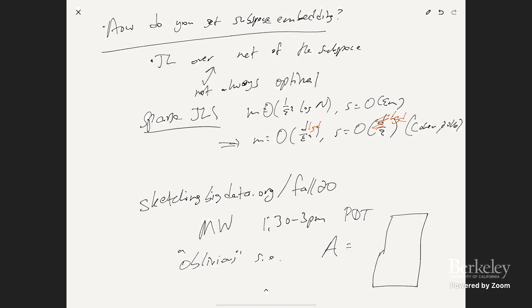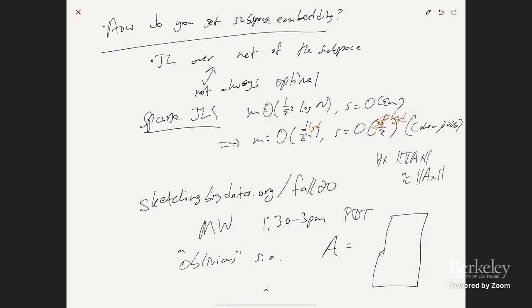Now I want to find a good subspace embedding pi for the column space of A. Basically, I want that for all x, pi Ax has roughly the same norm as Ax.